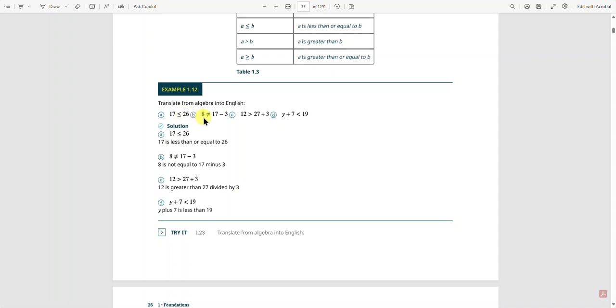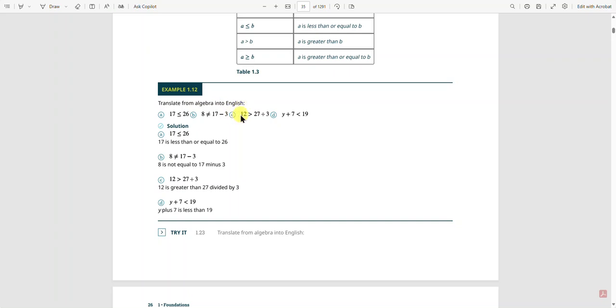For letter B, things get a little more complicated, but we're just going to put together all the things that we've learned in the lesson. 8 is not equal to 17 minus 3. Now, if we solve 17 minus 3 and get 14, we'll see that this says 8 is not equal to 14. But our focus here is just translating from algebra into English.